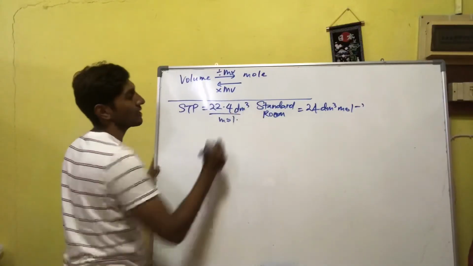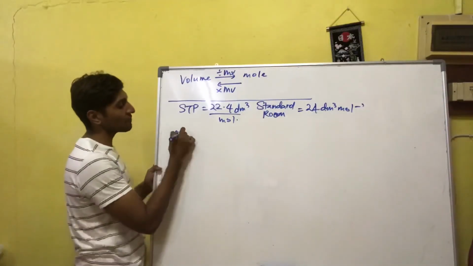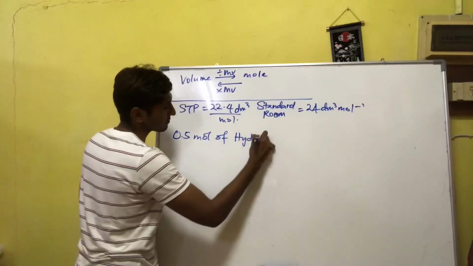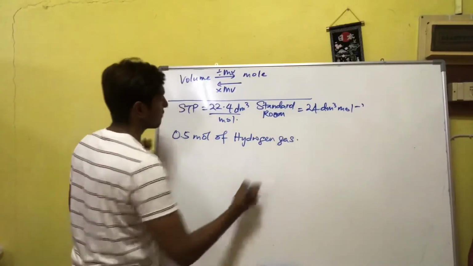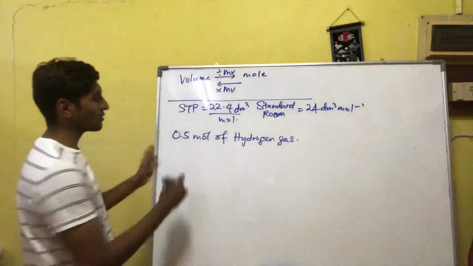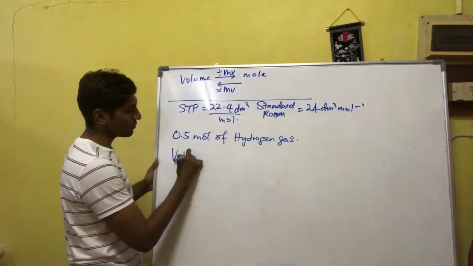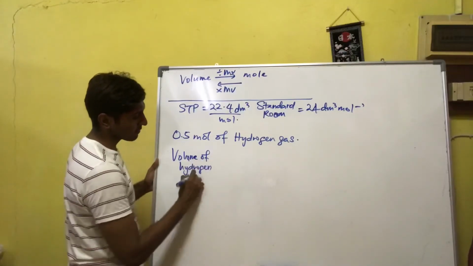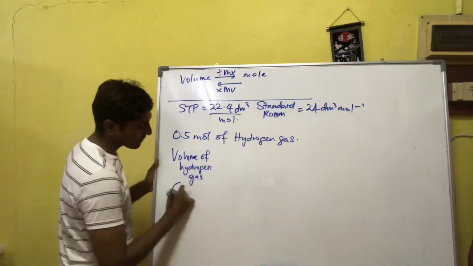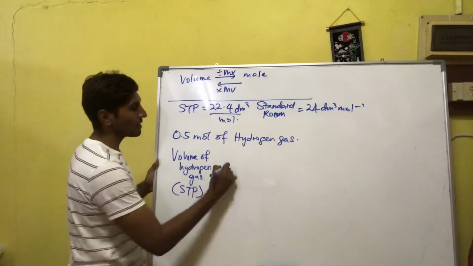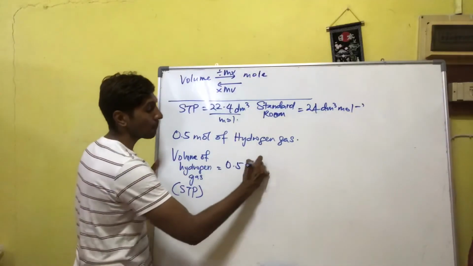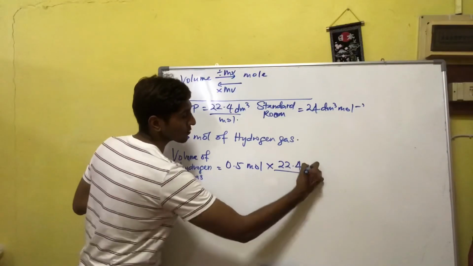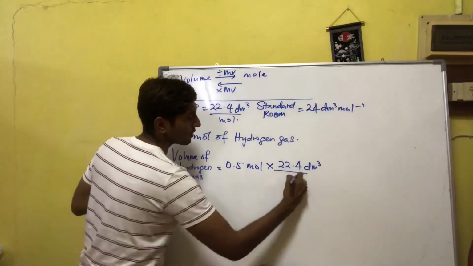Okay, so now for example, if I have 0.5 mole of hydrogen gas, what is the volume? The volume of hydrogen gas at STP would be 0.5 mole times 22.4 decimeter cube over mole.